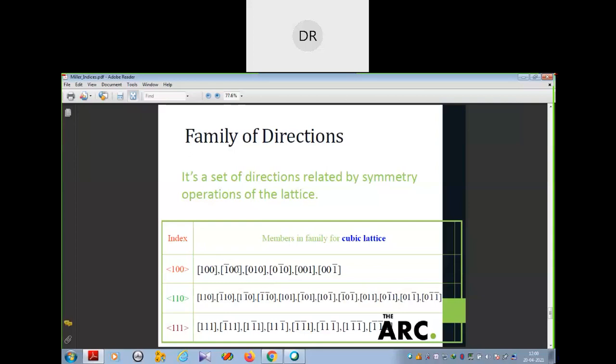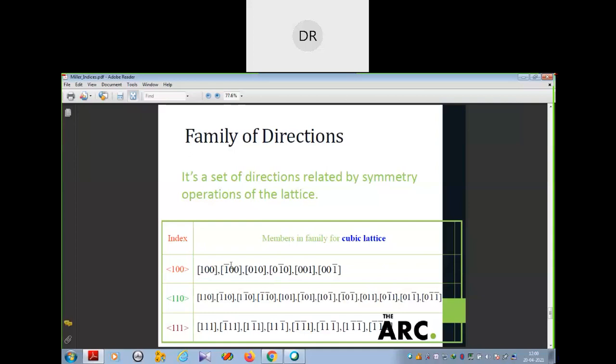It may be 100, maybe 1 bar 00, 010, 01 bar. How many will there be in total? 1, 2, 3, 4, 5, 6. You understood this one? If you didn't understand, ask me. I'll explain to you.